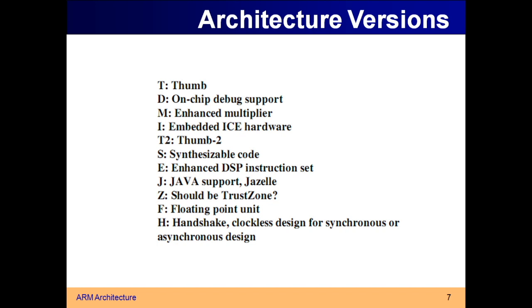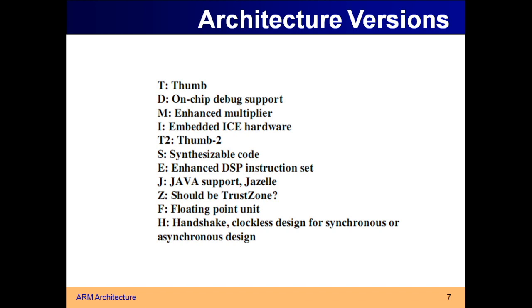So these features are present in ARM7 TDMI, so it is coming under version 4T. But normal ARM7 is coming under version 3. So your LPC2148 microcontroller is coming under ARM7 TDMI. What do you mean by T? Thumb instruction support. In the normal ARM, there are two different types of instruction sets available. They are known as the ARM instruction set and the Thumb instruction set.